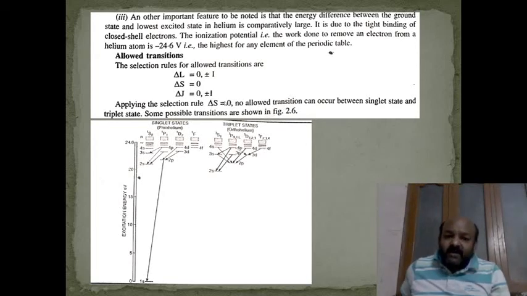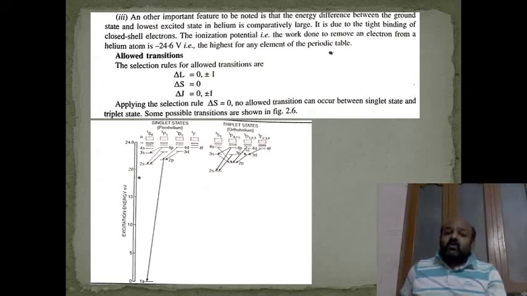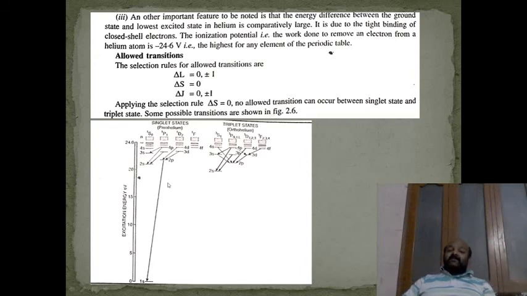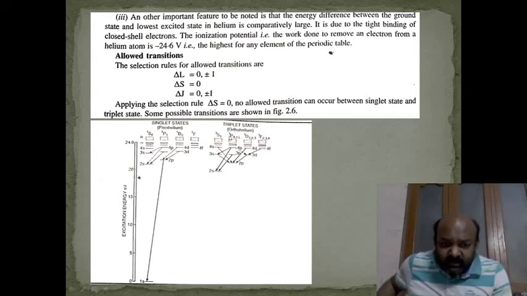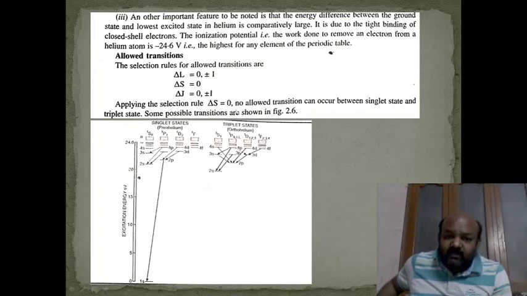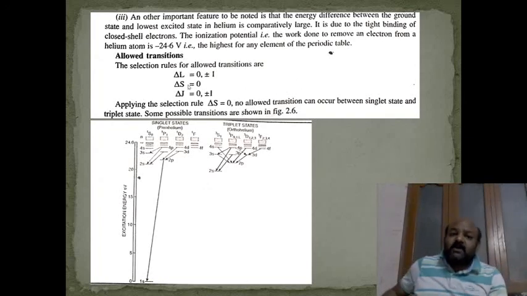Due to the rule delta S equal to 0, no transition can be there from the triplet state to the singlet state, because for the triplet state the S value is 1 and for the singlet state the S value is 0. If a transition from this state to this state occurred, delta S would be 1, which is not allowed according to the selection rule delta S equal to 0.